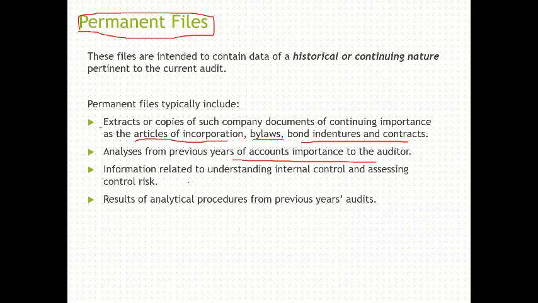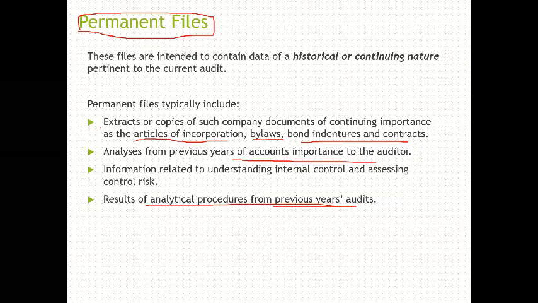Information related to understanding of the internal control and assessing control risk, as we said, and results of analytical procedures. From here comes the comparison we used to talk about, because we said we are doing ratios and then comparing them, with the last year, figures with the budgeted numbers, and a lot of things.